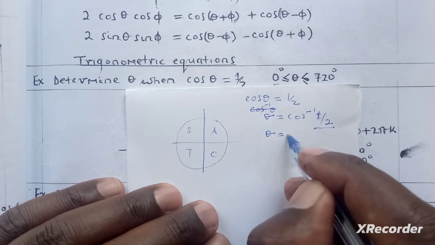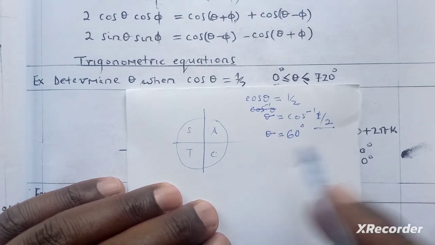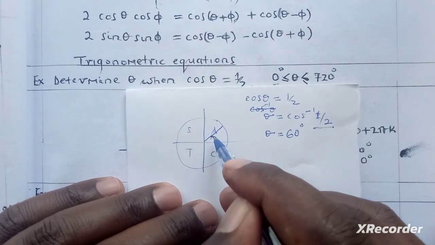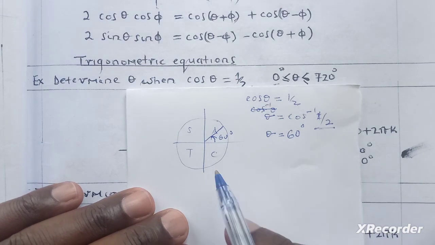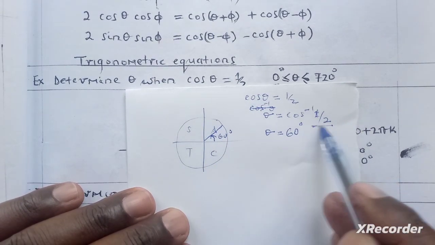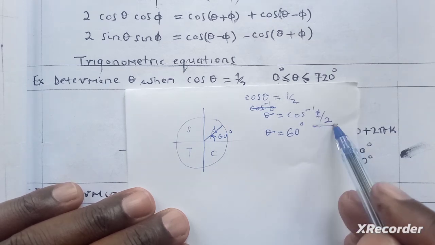That will be 60 from the calculator. So here we have 60 degrees. And then since this circle has every value, the inverse usually is represented by more than 1 degree.